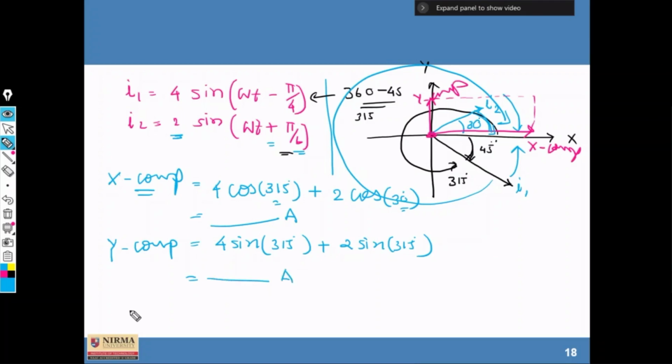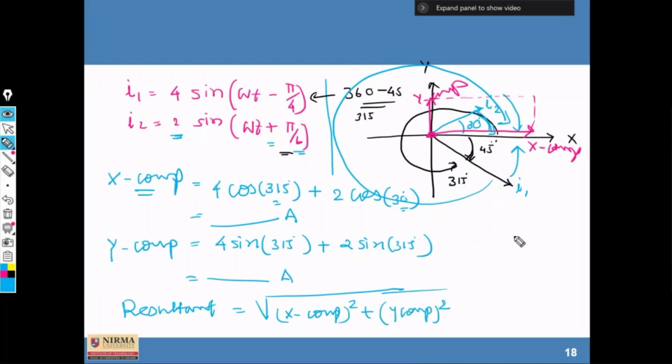We can find the resultant, which is the square root of x component squared plus y component squared. How is it? Because if you find this x component and this y component, with the help of the law of parallelogram, we can find the resultant current I.